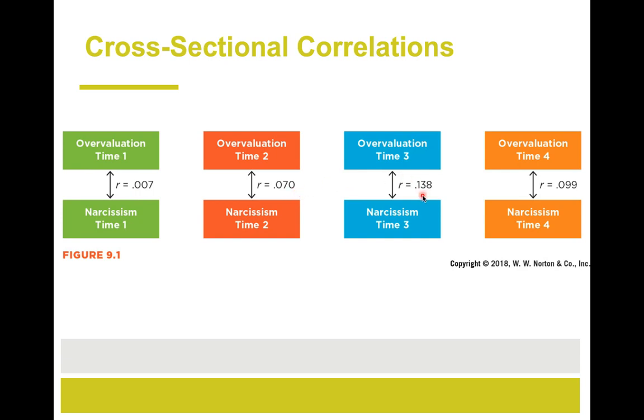And then we see an increase to what we might call a small correlation. 0.07 at time point 2, a slightly larger, 0.14 at time point 3, and then 0.1 at time point 4. So what this would tell us is that maybe there's something here. Overvaluation and narcissism are maybe kind of correlated. It's pretty small. It's pretty weak. It's not necessarily anything to go write home about, right? There's something here, but it's not dramatic.